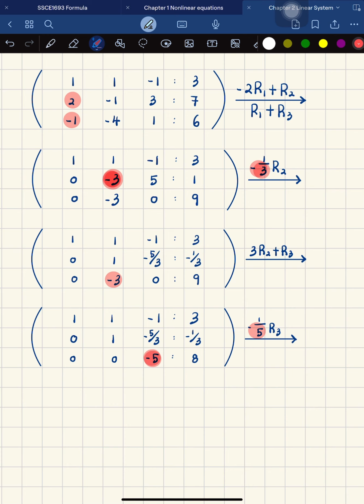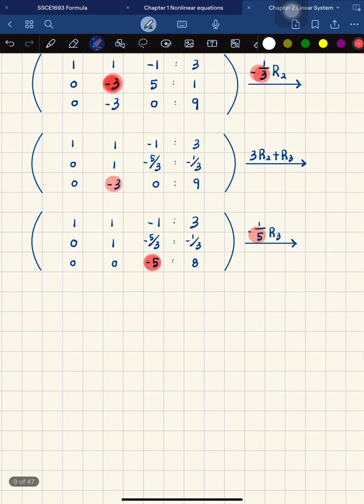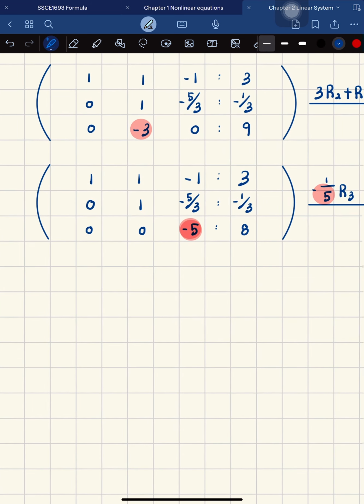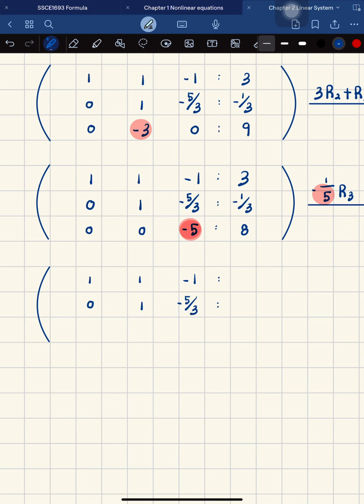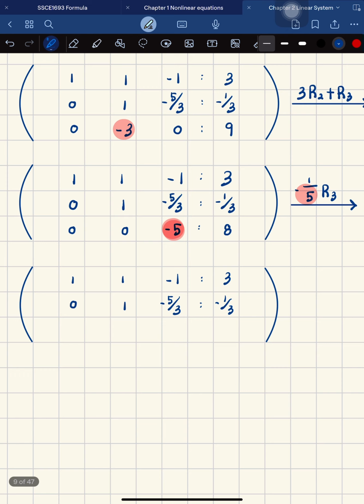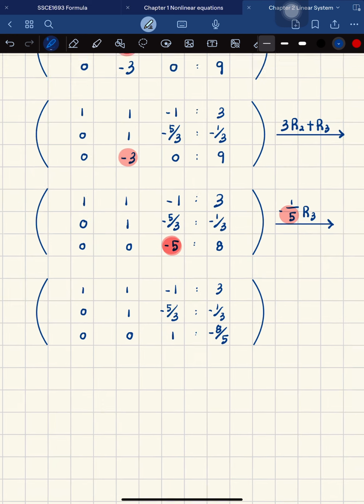Negative 5, negative 5. So 1 and 2 are not affected, so you can write back. So 0, 0, 1, negative 8 over 5. Now the diagonal is already 1.